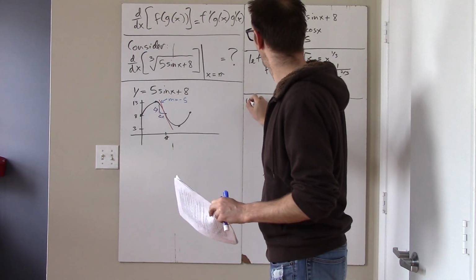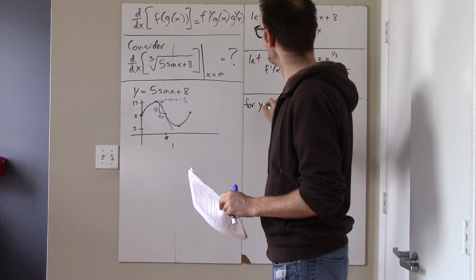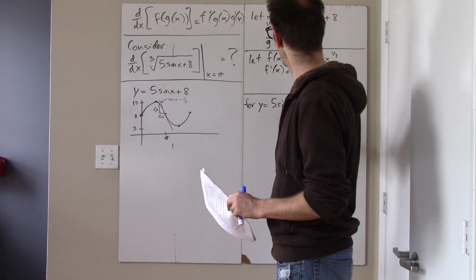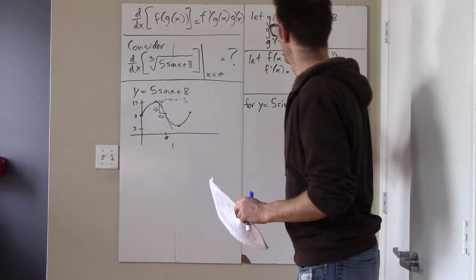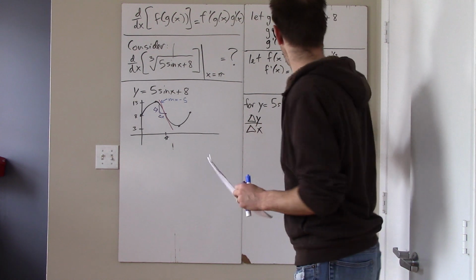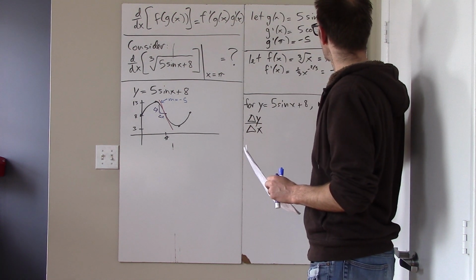So I'll write this here. For y equals 5 sine x plus 8, the change in y over the change in x, near x equals pi, is -5.